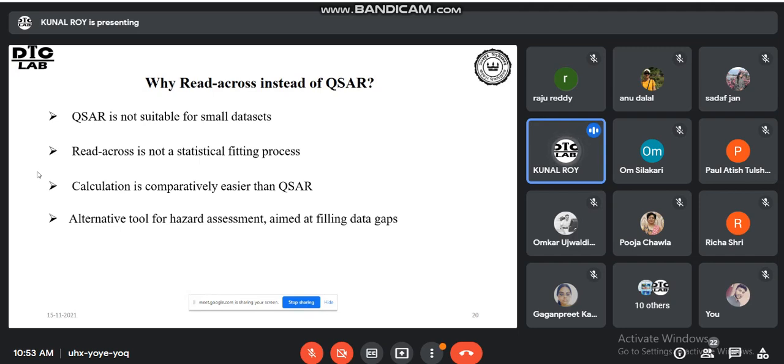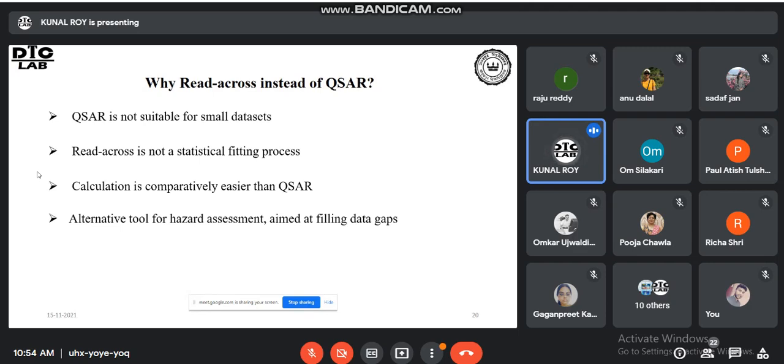Here, what I discuss is toxicity of metal oxide nanoparticles, but it can be used for other kinds of toxicity prediction, toxicity of some other hazardous materials, or for screening naturally occurring compounds also. Then comparison of the results with previous methods that we have done, and development of an application for read across, which is available via the web.